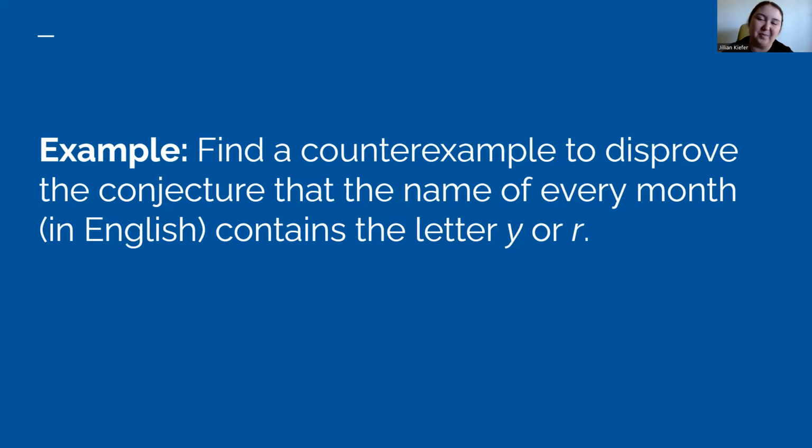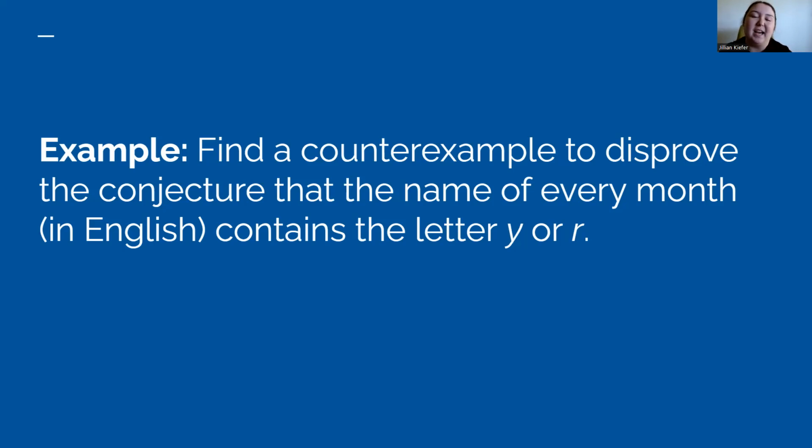For the purpose of our example, we're going to keep going to figure out all the different counterexamples. We said June was a good counterexample, didn't have Y or R. Our next one would be July, Y at the end, so that one's not good either. Then you have August. August does not have an R or a Y, so August would also be a great counterexample. So June and August would be great ones at this point.